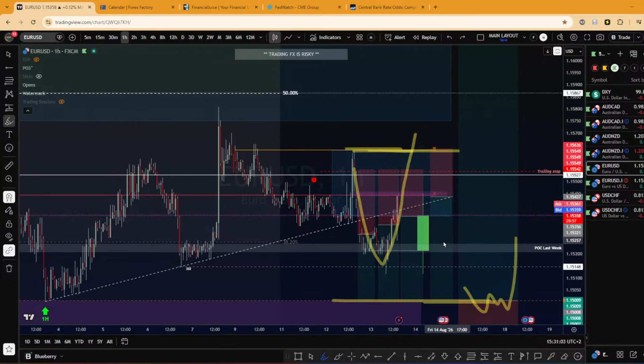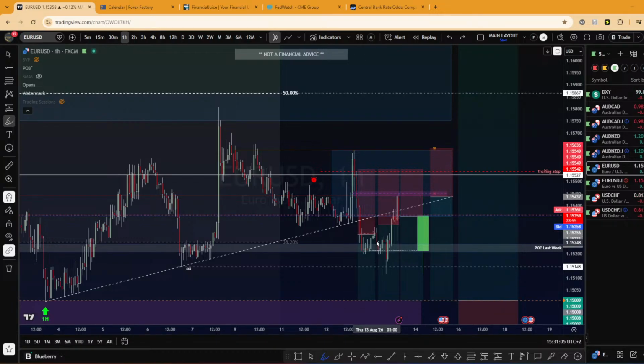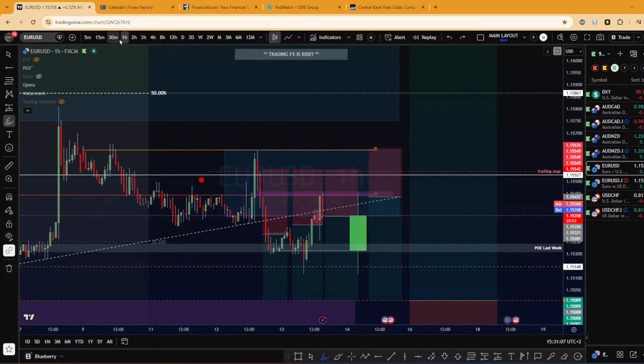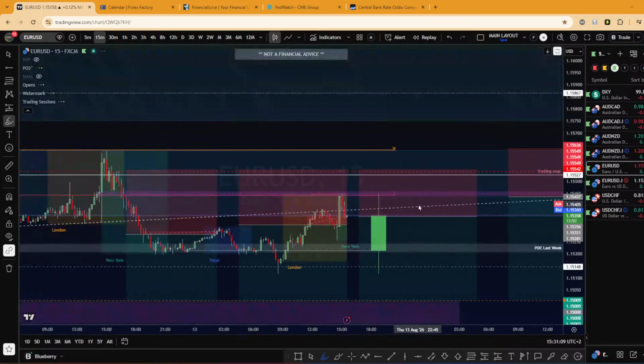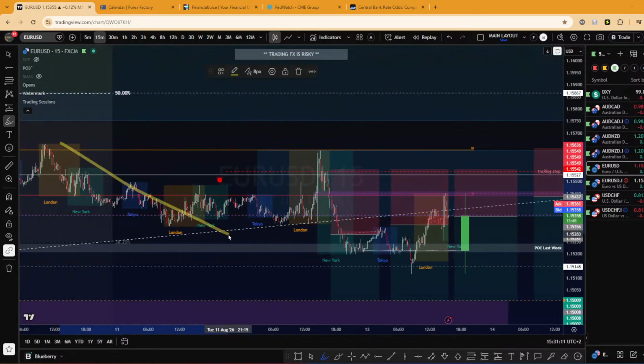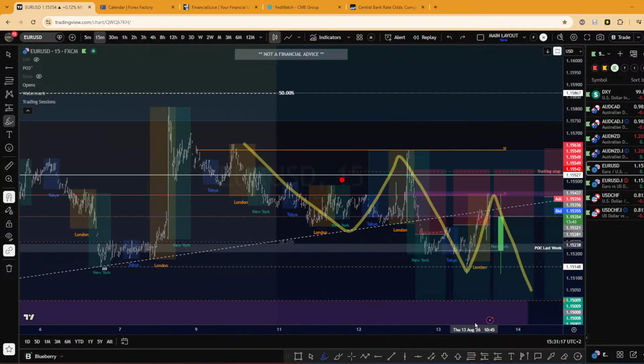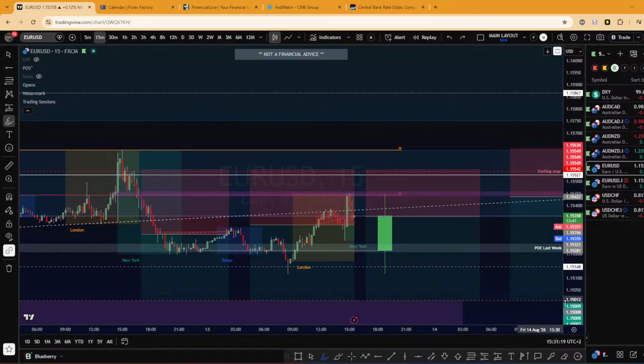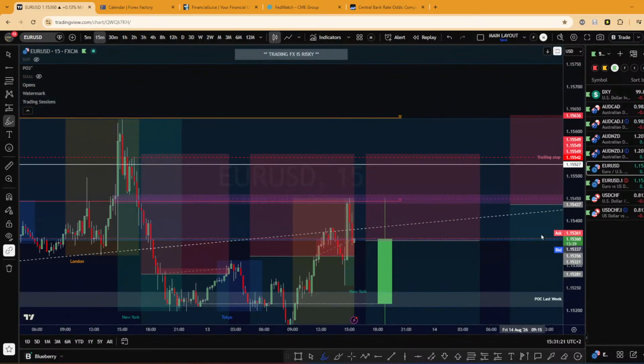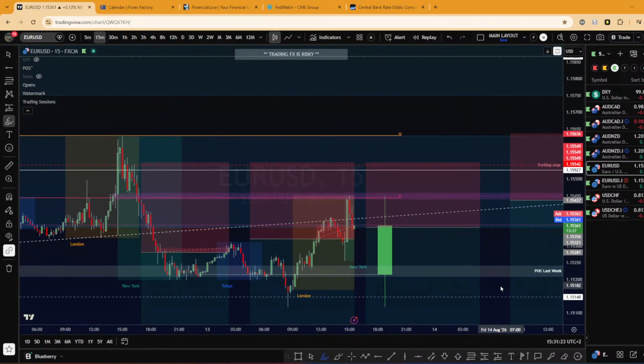But right now, for me on short term, we have some sort of downtrend. I want to see a continuation. That's why I am bearish right now on the Euro USD.